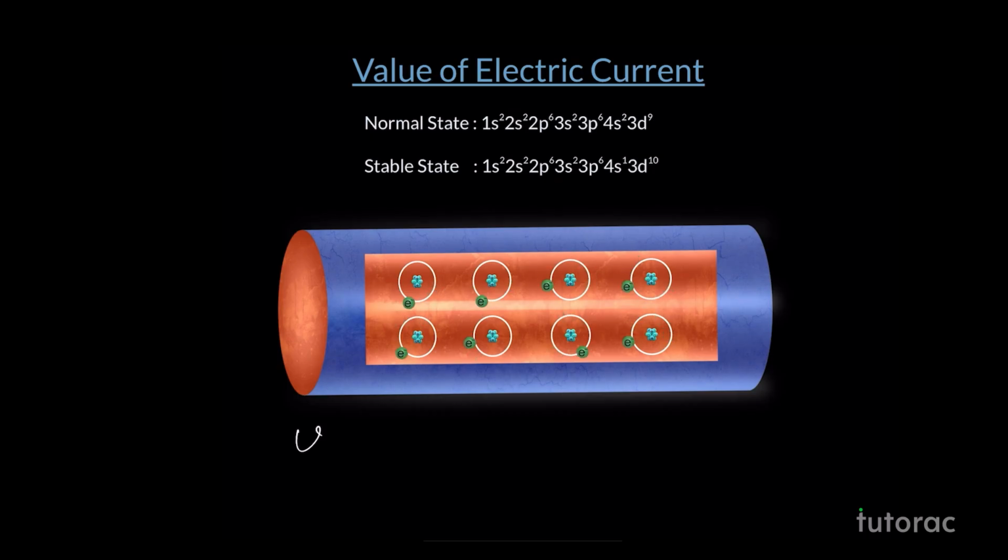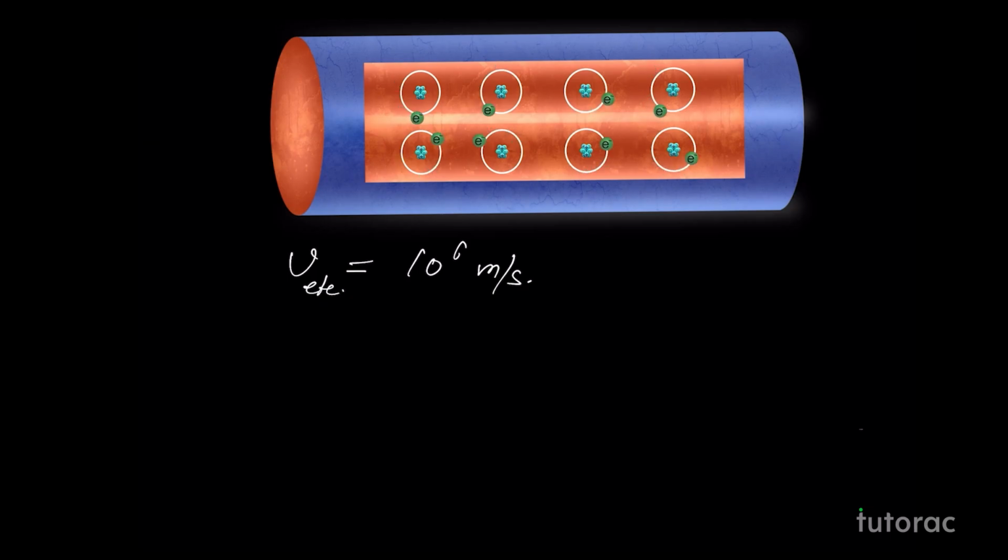But the speed at which they are jumping from one atom to another, V electron, comes out to be around 10 to the power 6 meter per second, which is quite large. But as the transition is completely random, we say that the net flow is 0.